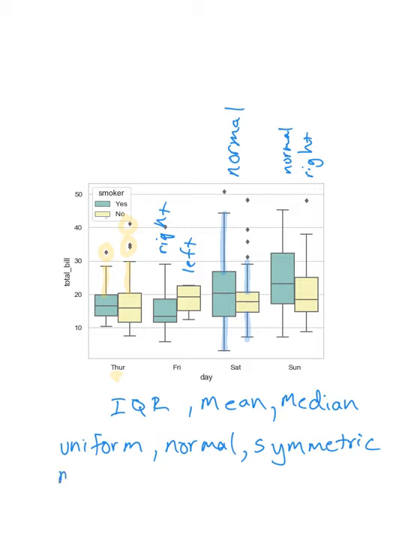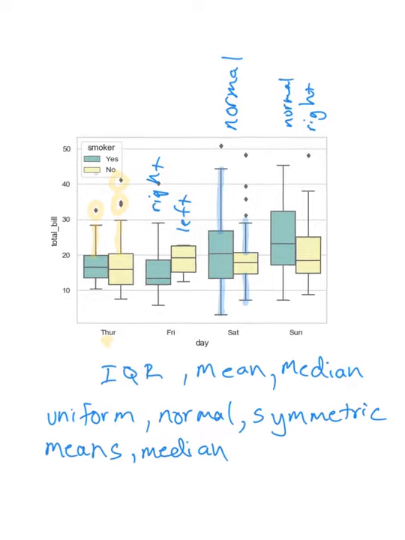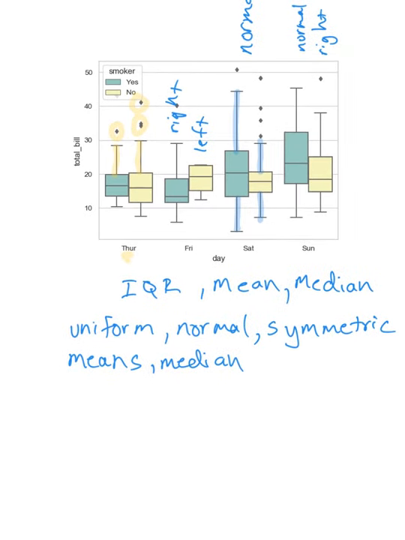Our means and medians work just fine as an indicator. However, if our graph is skewed, then it's better to use the IQR.